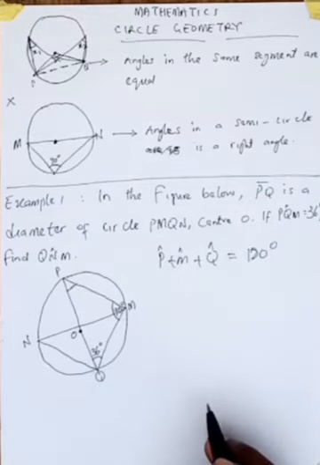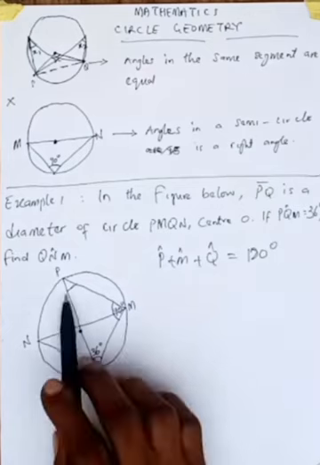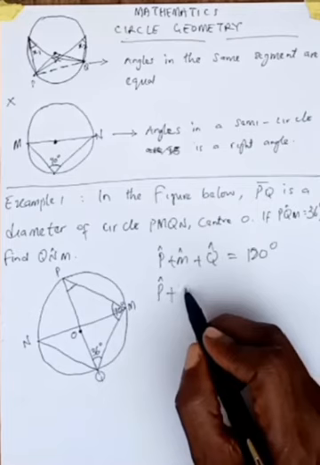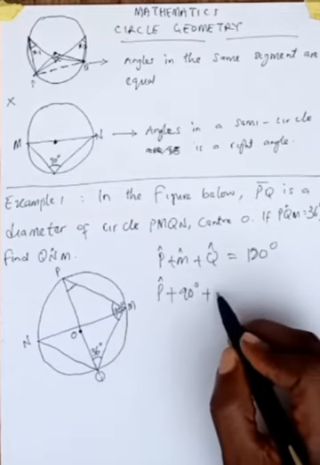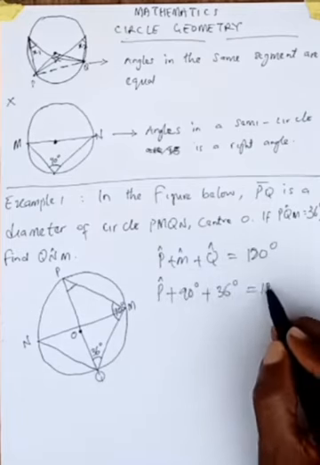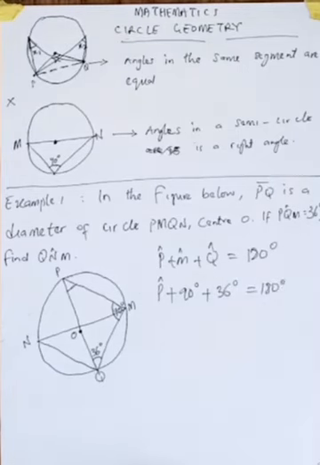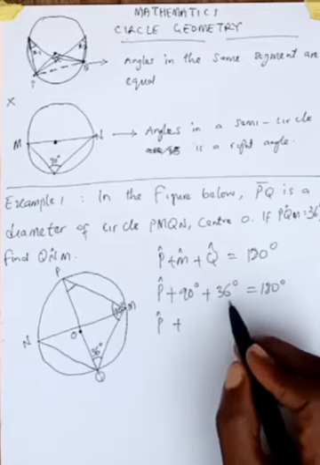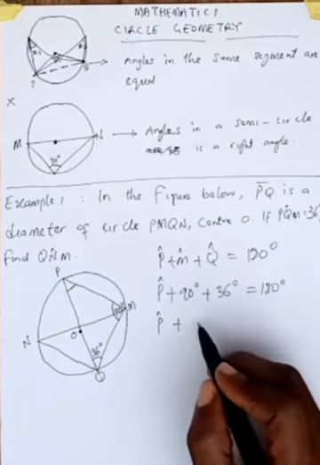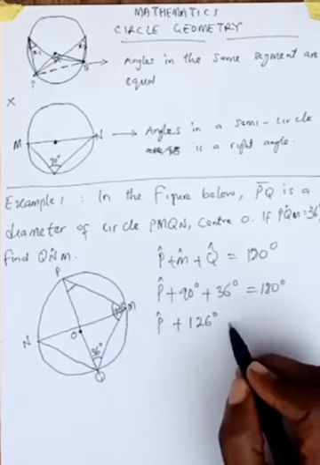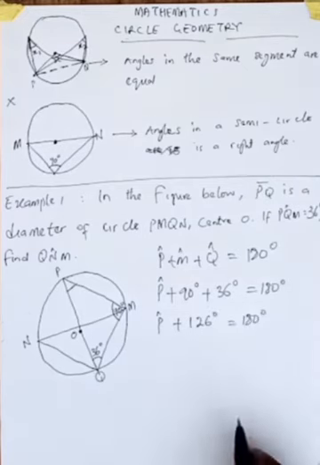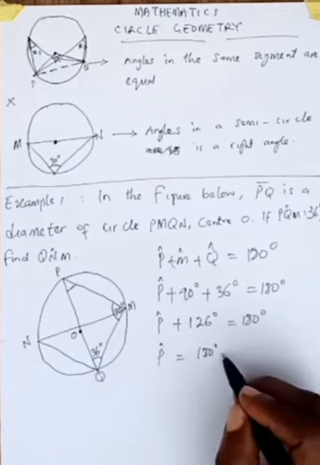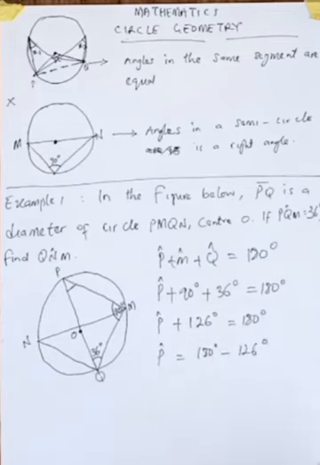180 degrees. Now P is not known, so I will refer to it as P, plus angle M here 90 degrees, plus angle Q here 36 degrees, gives the value of 180 degrees. Which shows that angle P plus 90 plus 36, which is 126 degrees, is equal to 180 degrees. Getting P here means angle P is going to be 180 degrees minus 126 degrees.